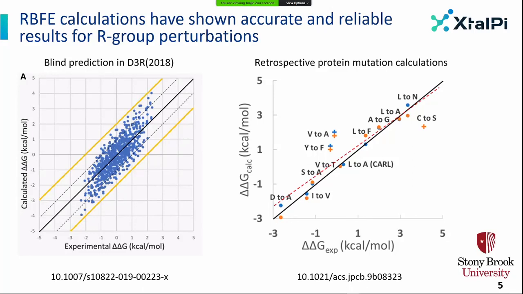In my previous study at Stony Brook University, we applied the Amber TI to the blind prediction in the D3R challenge in 2018. Even though this was a fully prospective ligand protein affinity binding prediction, we had a very good correlation to the experimental value.